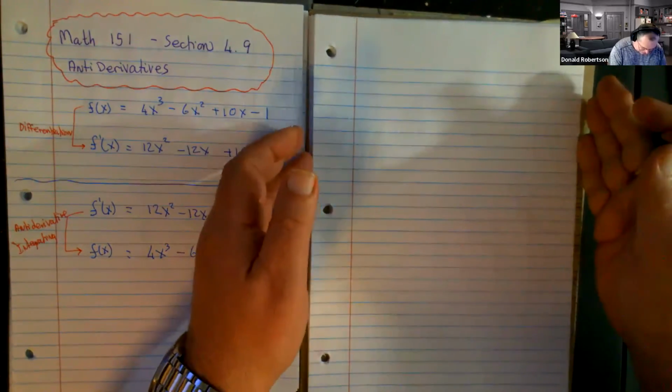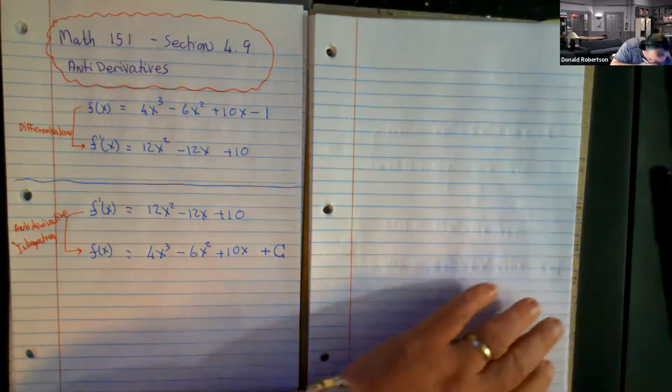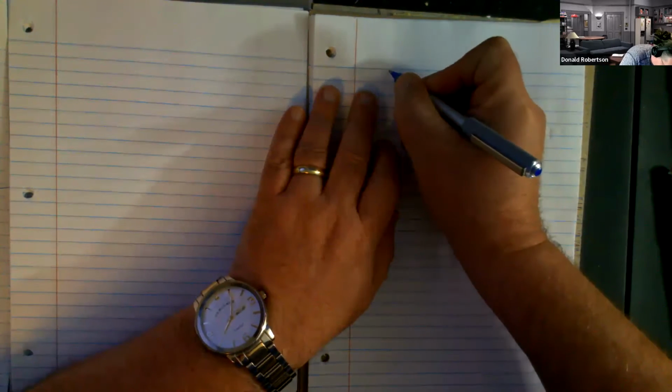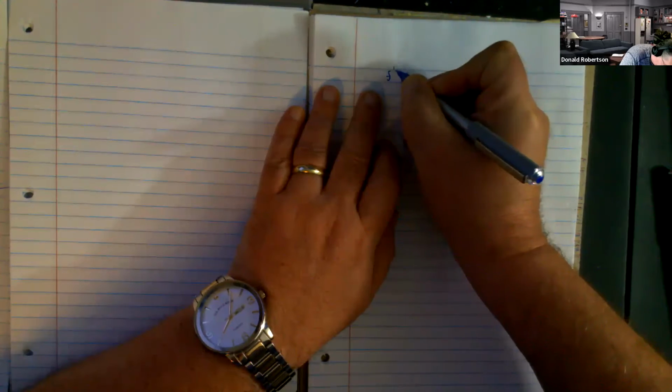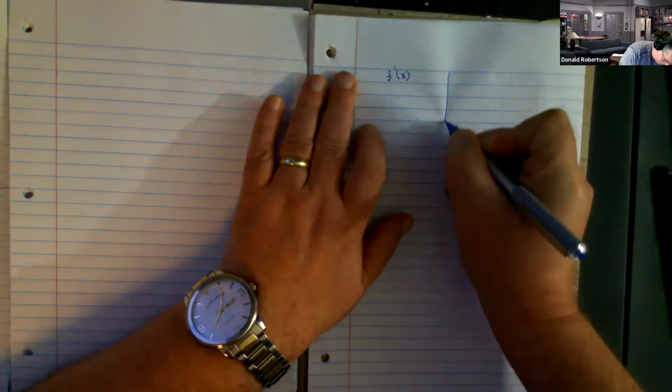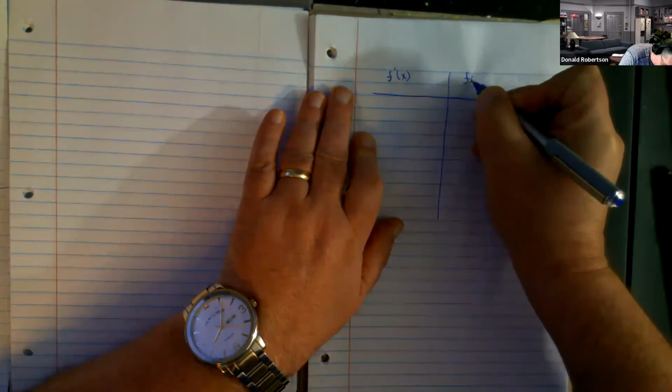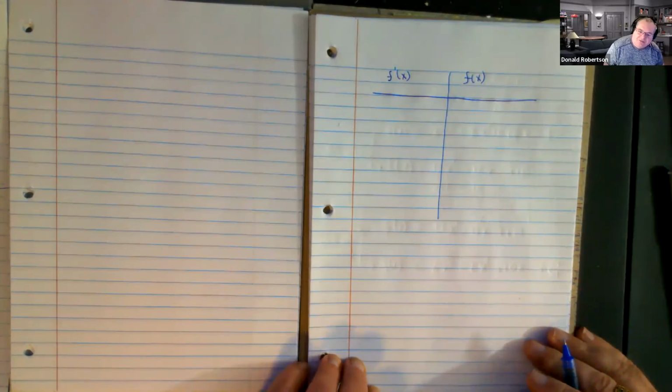And, well, let's start off. I'm going to give you a list of functions, and I'm going to put the derivative here, and next to it, I'm going to put what the original function that has that derivative would be.